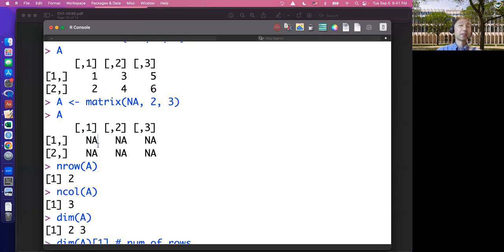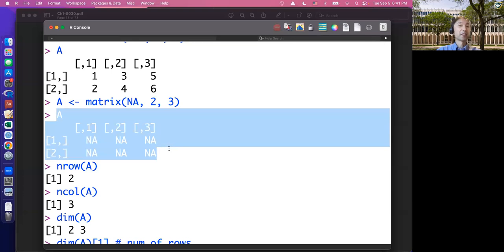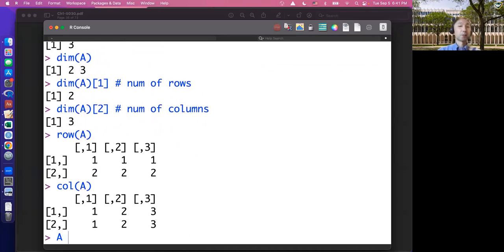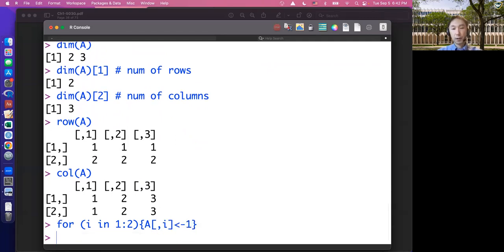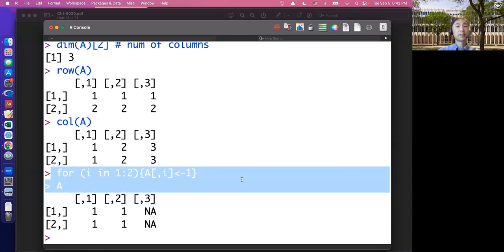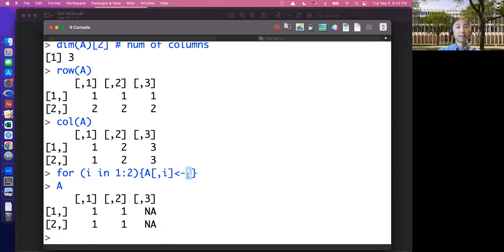So in such a case, this matrix is a kind of safe matrix as the initial state. For example, this is just one example, but i in 1 to 2, A of i is equal to 1 or something. Okay. Then after we see this, actually I made a code that fills out 1 in the first column and the second column. But now we can see that I missed filling out any numbers in the third column.